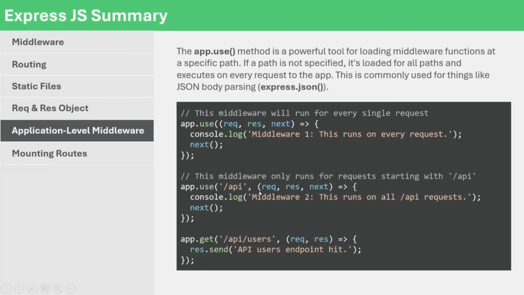Okay, so this middleware function will execute only for those requests which come for the /API endpoint. So those middlewares for which we do not specify a path are called application level middlewares. And those middlewares get executed for every request which comes to the Express application.